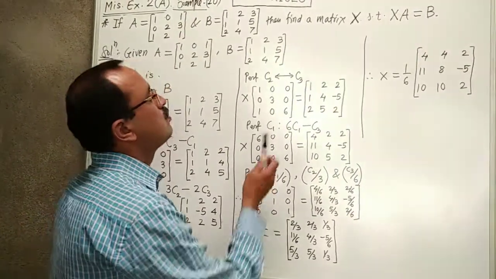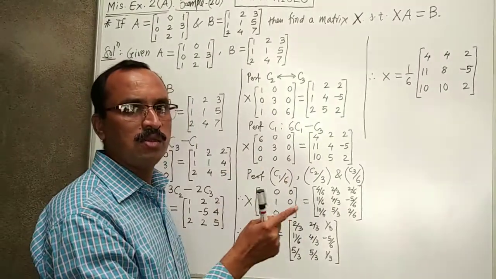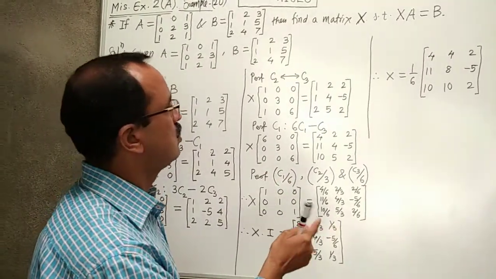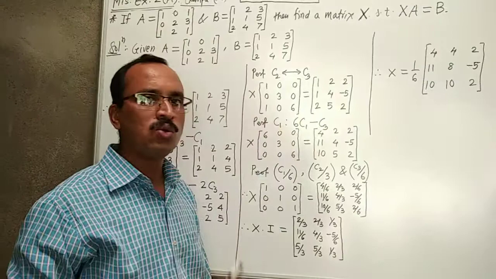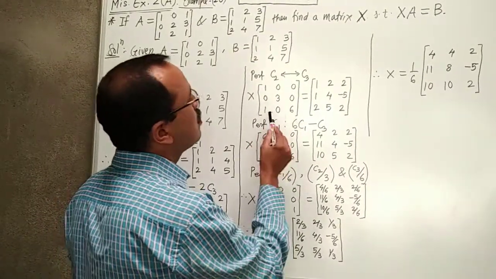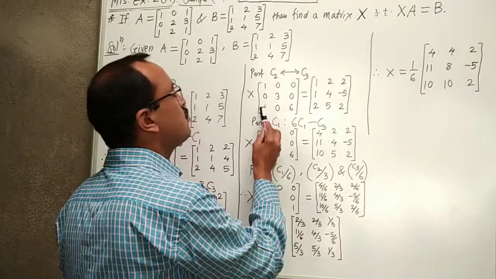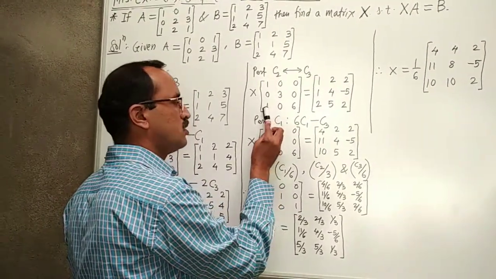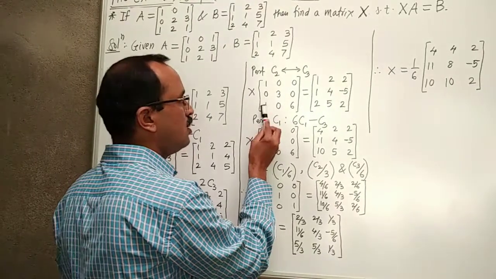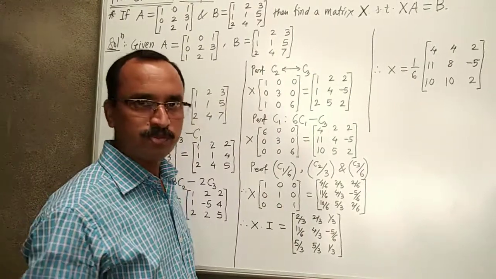Now first of all I make all the off-diagonal elements zero, and then I will convert the diagonal elements into 1. So now I will convert this 1 into 0. I multiply C1 by 6 and then subtract column C3.